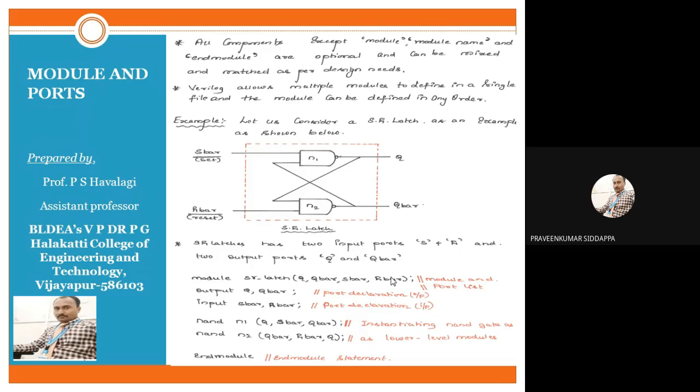I will give you an example related to your names. Some 5 to 10 Akshatas are there in your class. At that time, how will you identify them? We require the surname. Whenever you write the surname, we can easily identify it. Because of that reason, here also we have NAND gates.